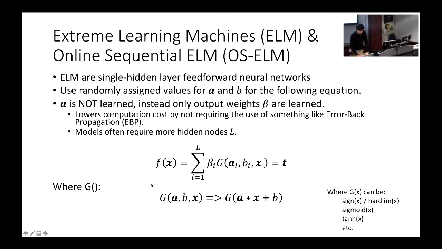You have some function that takes some input x, which would be the vector of the radio signals around you, and from that you get an output t, which is our target value. In our case, that would be the xy coordinates for where you're located within the building.